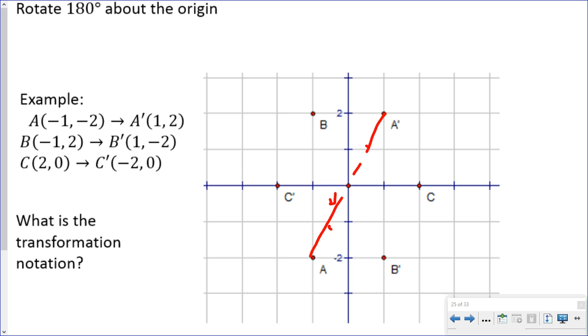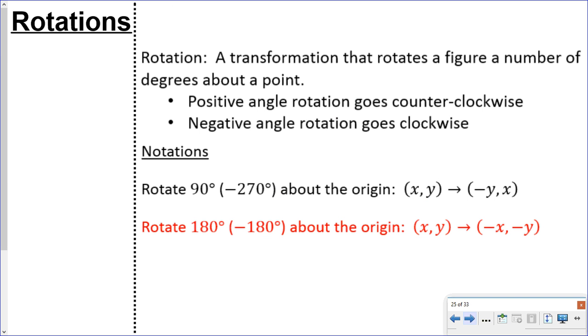So if I go this way, I'm going counterclockwise, that's the positive 180. And then if I'm going from here clockwise, that's negative 180. So here what you're writing is that positive 180 is equivalent to negative 180. So counterclockwise 180, and negative 180 is clockwise 180 degrees. You just keep them in the same spots, but you negate both of them.